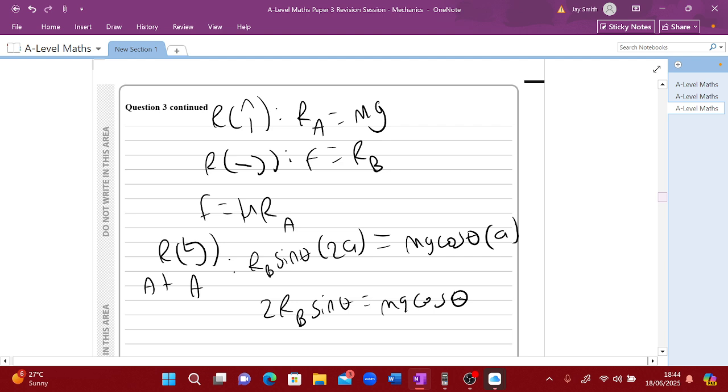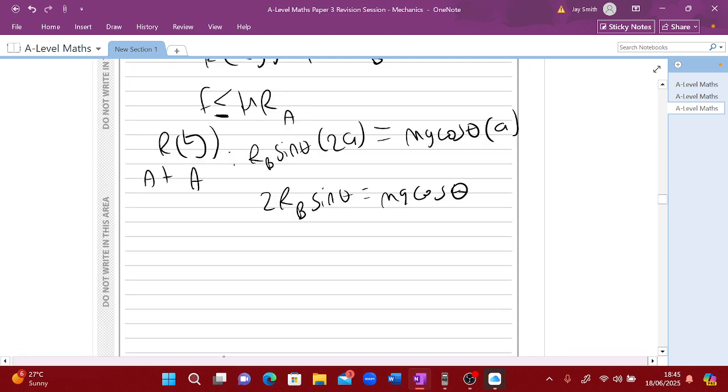Actually, F will be less than or equal to mu R. It's not in limiting equilibrium, it's just in equilibrium. Remember, with friction in equilibrium, the force will always match the reaction until it exceeds something called limiting equilibrium, where F equals mu R. Afterwards it'll start moving, but it's in equilibrium, not limiting, so it's still less than or equal to mu R. That's just something to bear in mind.